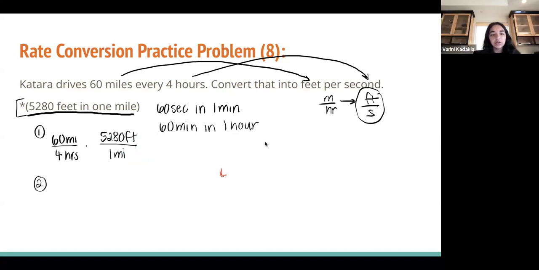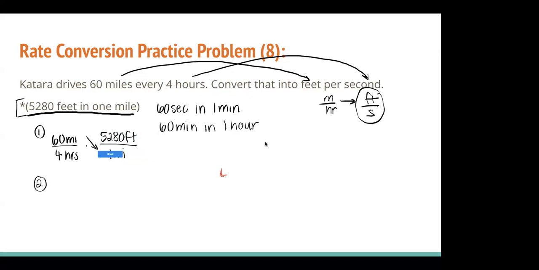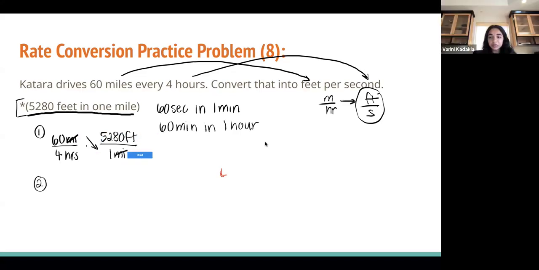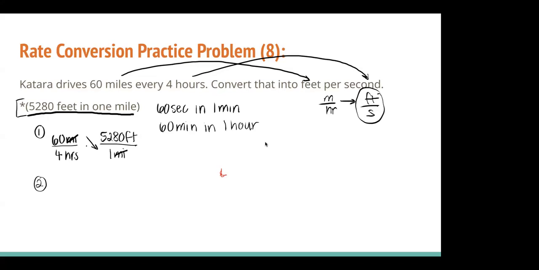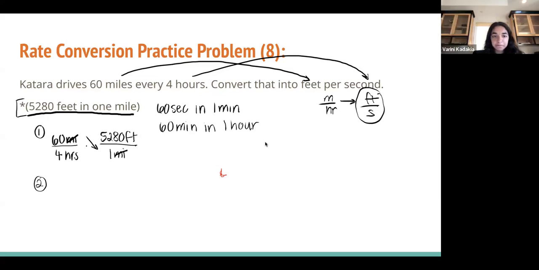We just have feet. So that's why you would put it opposing so that you cancel them. Does that make sense?